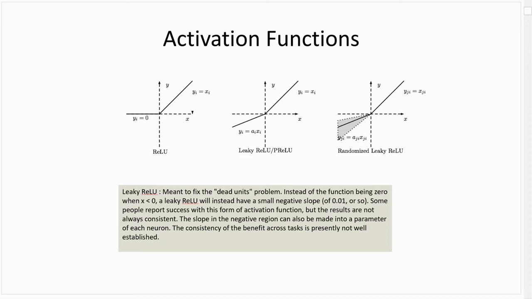This seems to have shown promising results, but the performance with this activation function doesn't seem to be very consistent. That means sometimes people are getting good results, sometimes they are not able to get good results. So it's not that popular, and ReLU remains the most popular activation function.